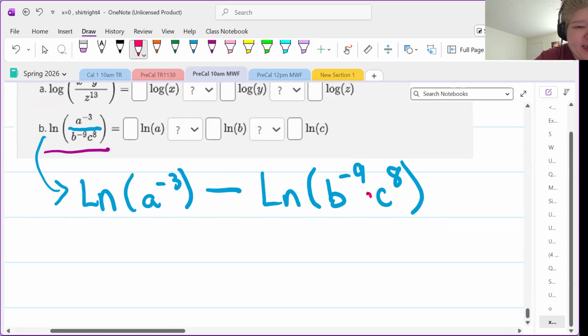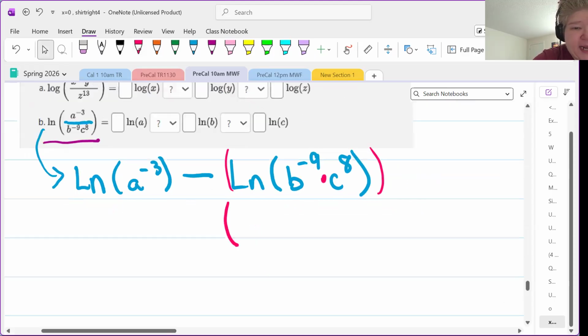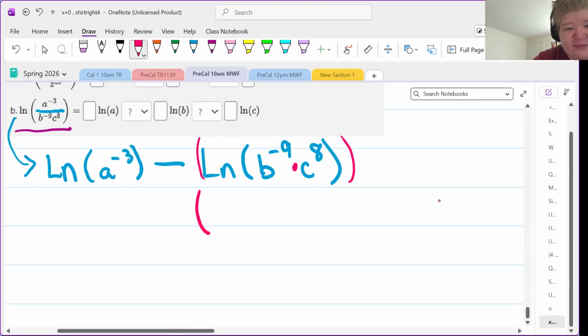Now inside here, I have a product. My natural log of a product turns this into two logs with a sum. But I am about to make a substitution. I am about to trade out this single log for more than one log. So I need to put parentheses here, safe math.